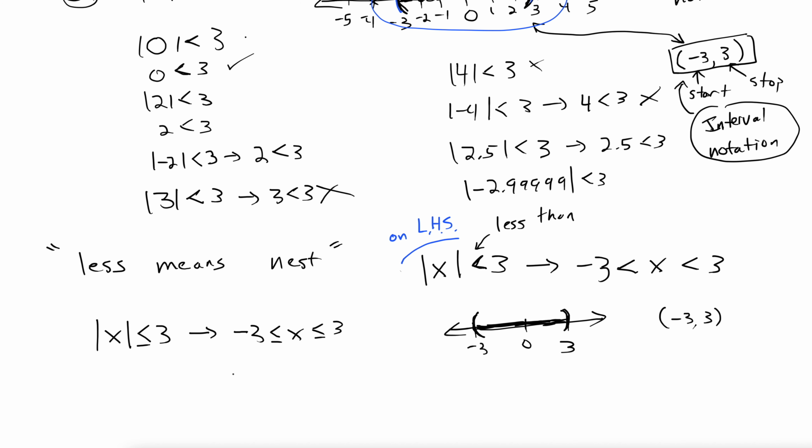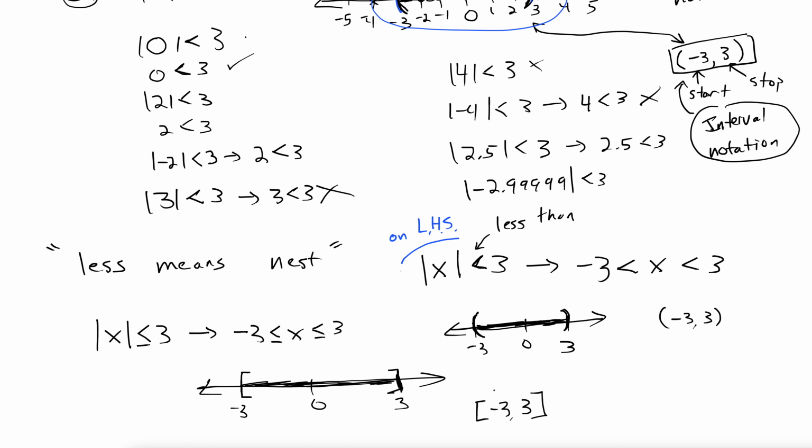So 0, now we'll go up to 3, down to negative 3, and it looks more like this. Hard brackets, because we're including 3 now. So instead of going infinitely close to 3 and then stopping short, now we're including it in our interval. There's our graph notation, and our interval notation would be negative 3 to 3.